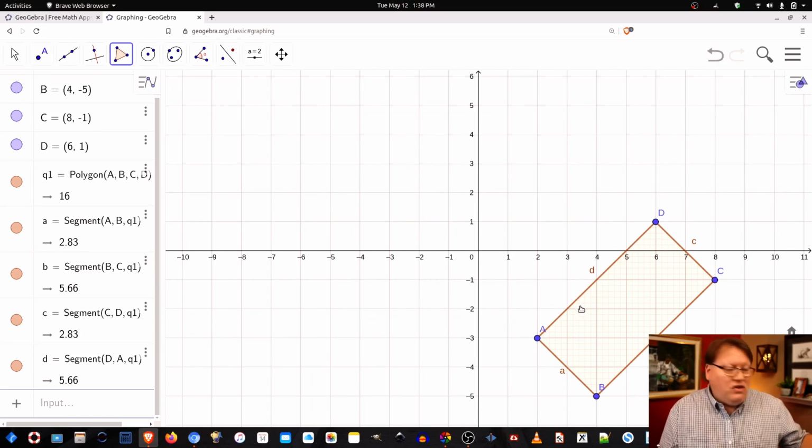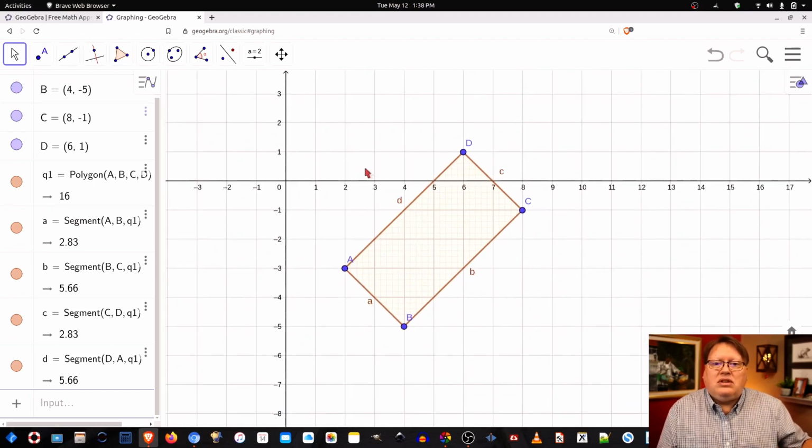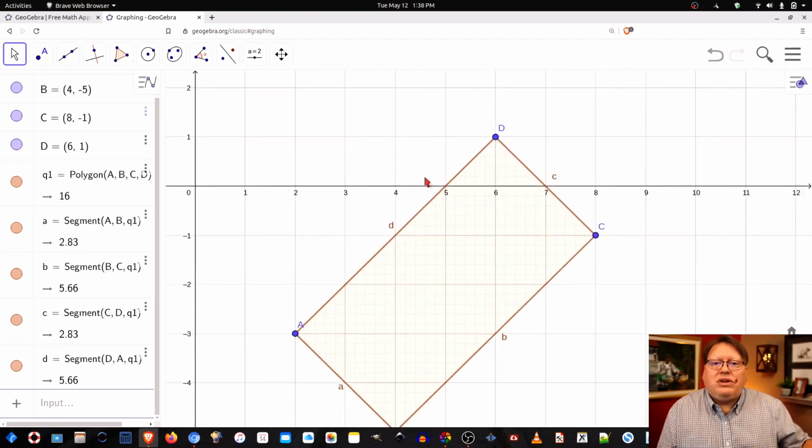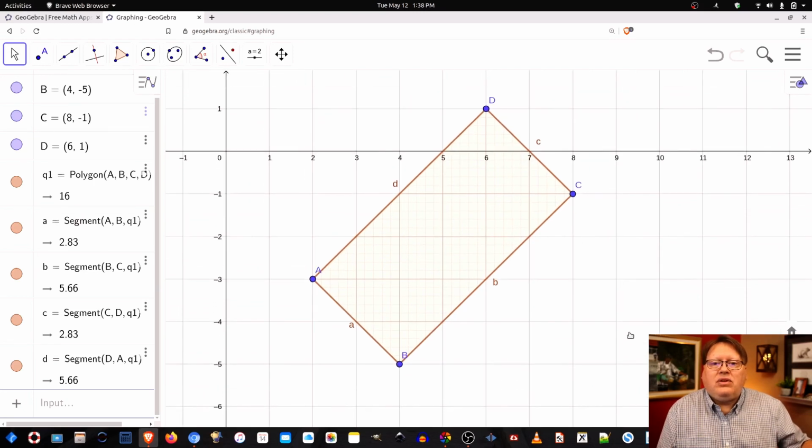Let's first come over here and move this in the display and zoom in so we can see what we're doing. Okay? All right. So if you look at segment A, it has a measure of 2.83, and if you look at segment C, which sits across from it, it also has a measure of 2.83.